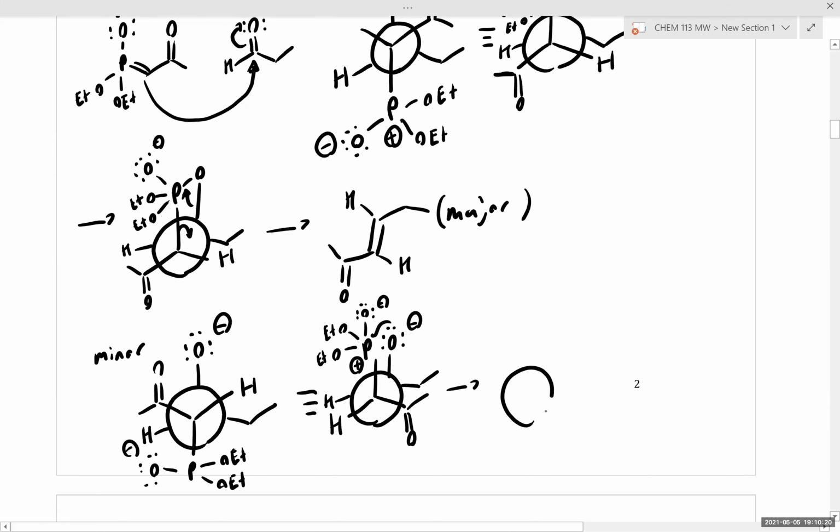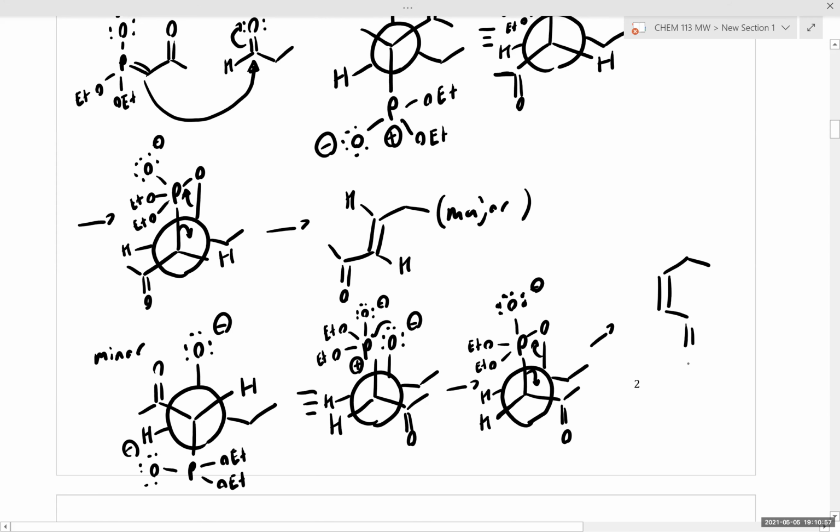So again, we get this betaine intermediate. And then this betaine intermediate collapses to give us the Z alkene, which is minor.